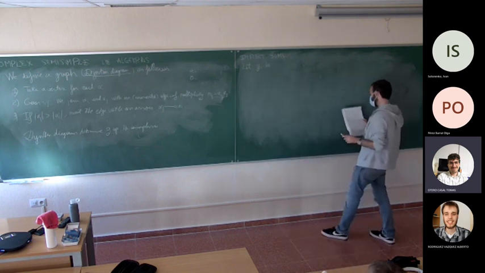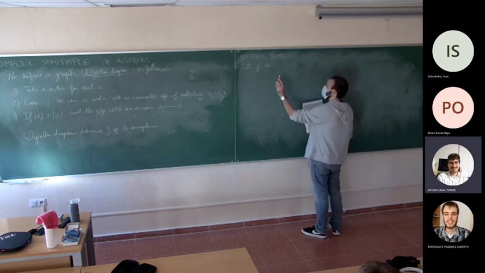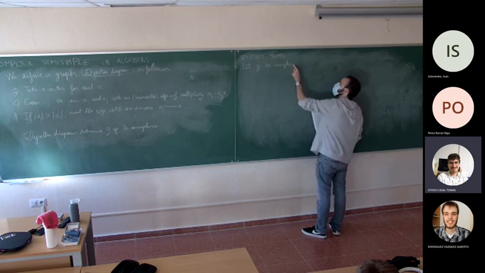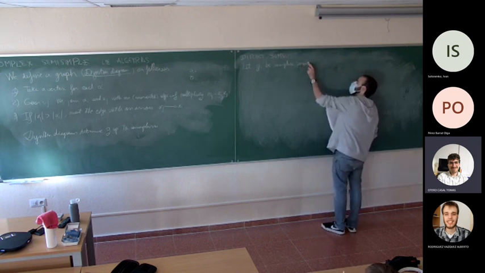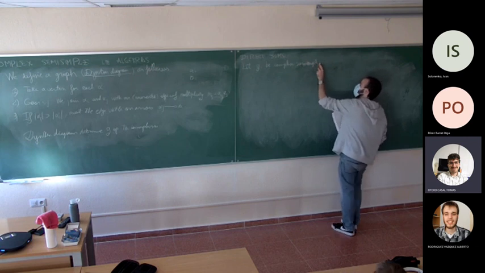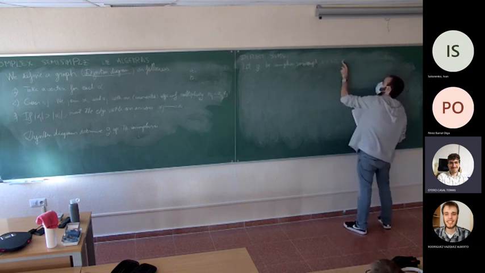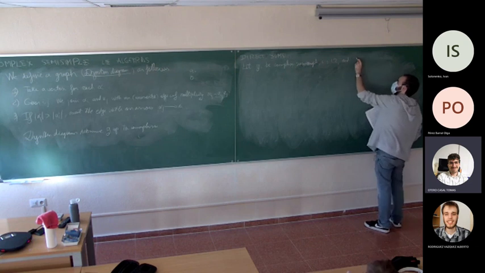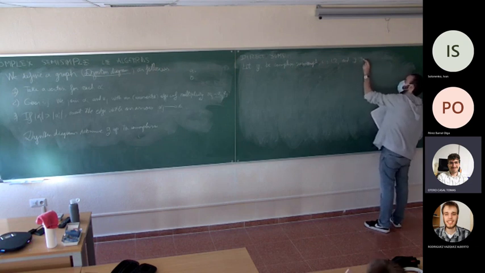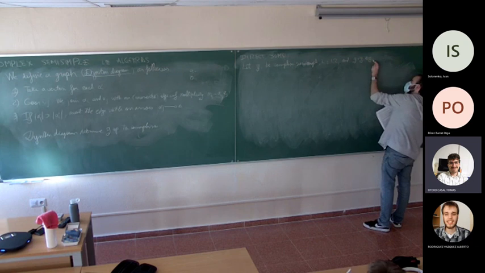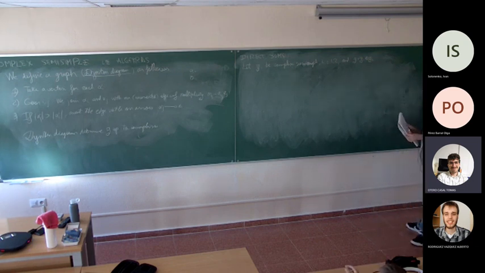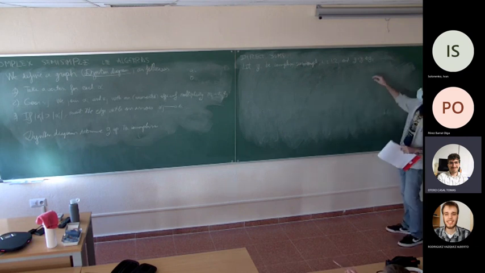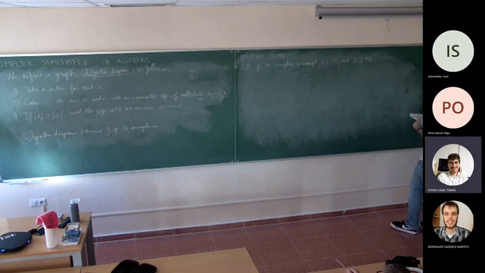So let g_i be two complex semi-simple Lie algebras, and we take the direct sum. It turns out that the maximal toral subalgebras are obtained by taking a maximal toral subalgebra here and a maximal toral subalgebra there. So they decompose.